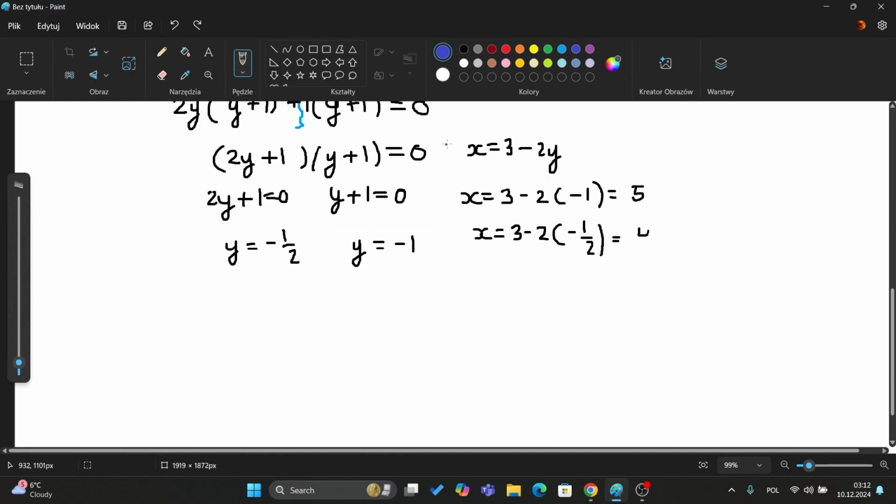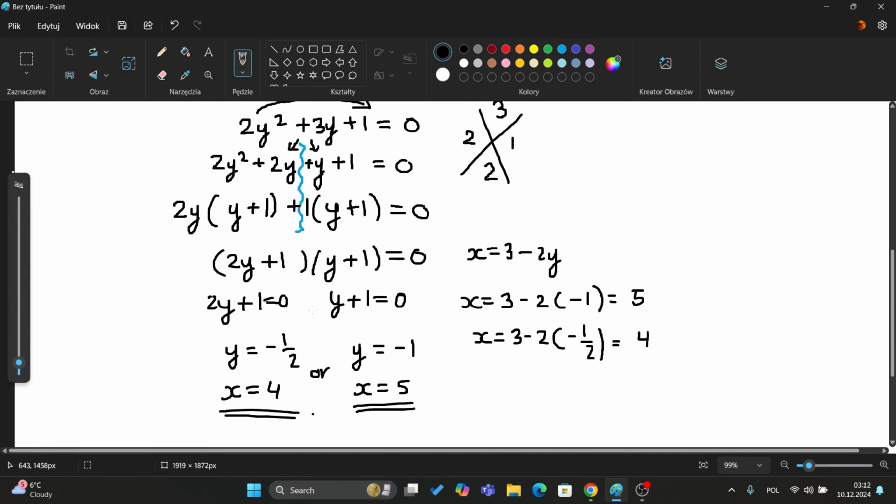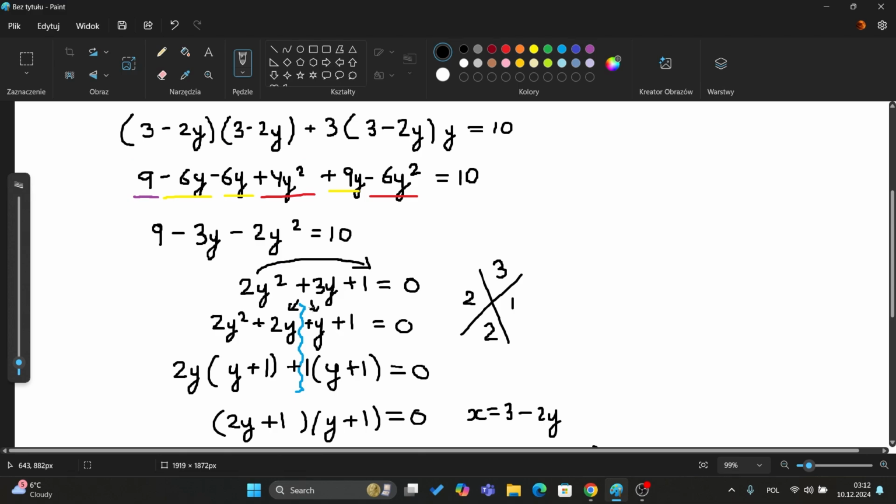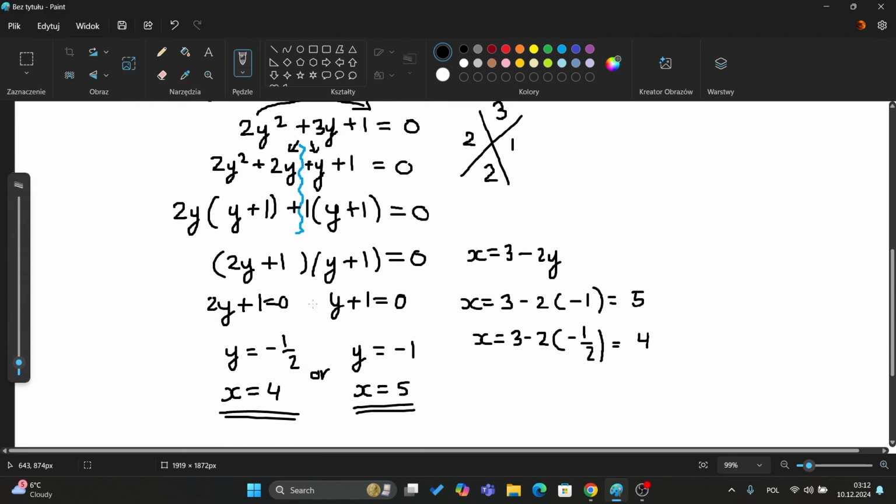So what we want to do is to write them like this: y equals minus a half, x is equal to 4, or y is equal to negative 1, and x equals 5. So that is a better way of writing it, and that's how we do it. We just substitute the first equation into the second equation.